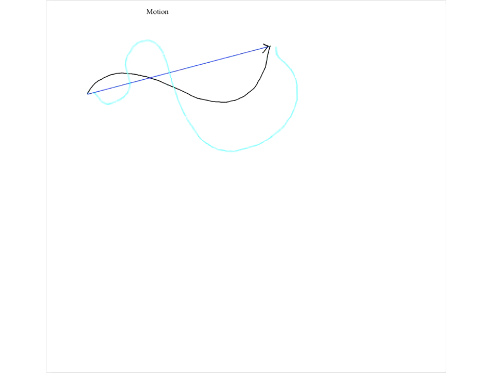Displacement vector means take the final point, take the initial point, and join those 2 points by a straight line. And then mark an arrow, and that arrow should be from the initial towards the final position. So now that line is telling you about the vector, which is a displacement vector.